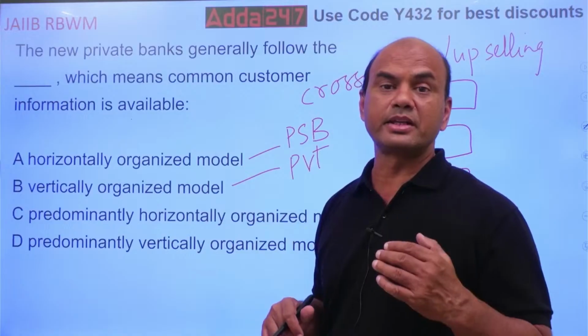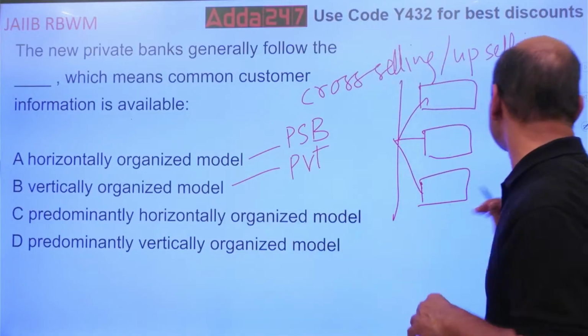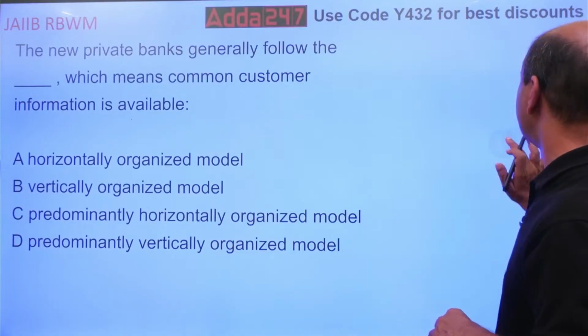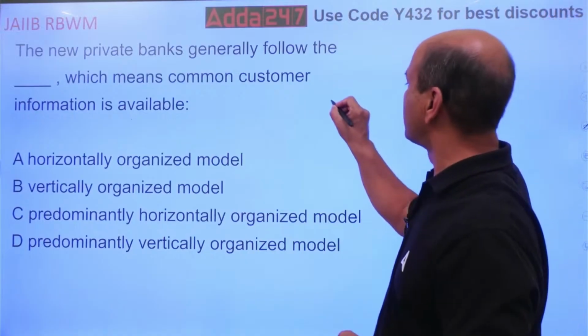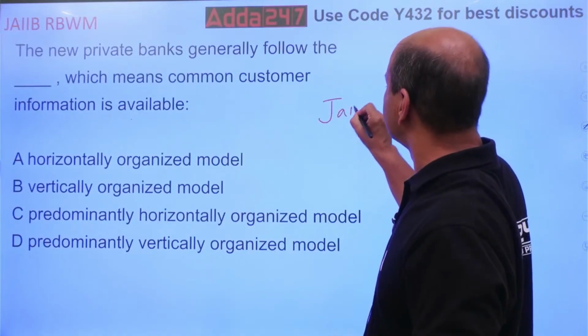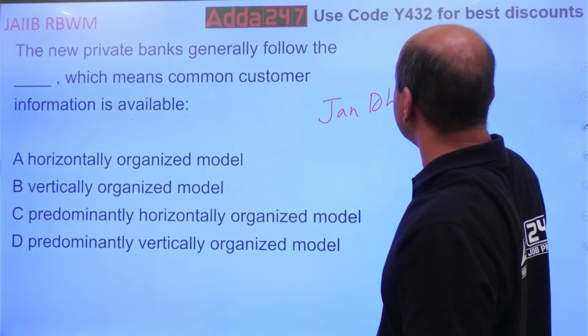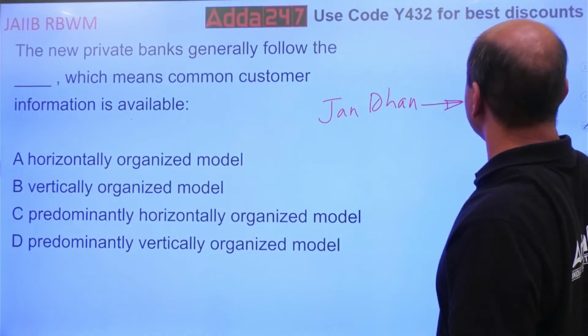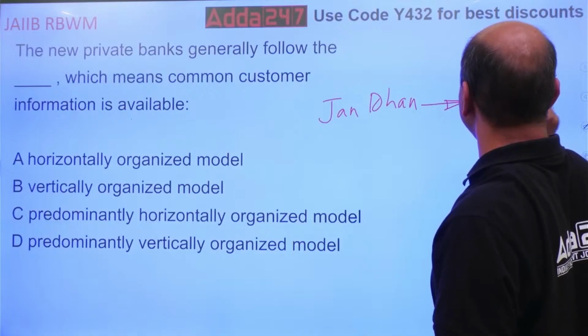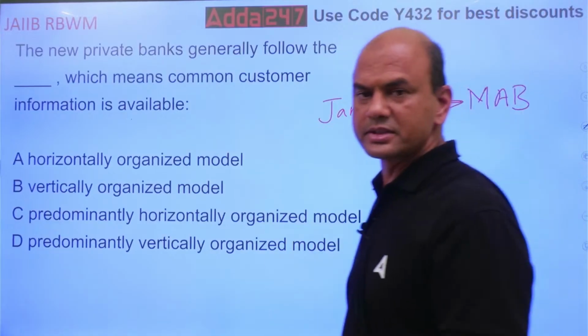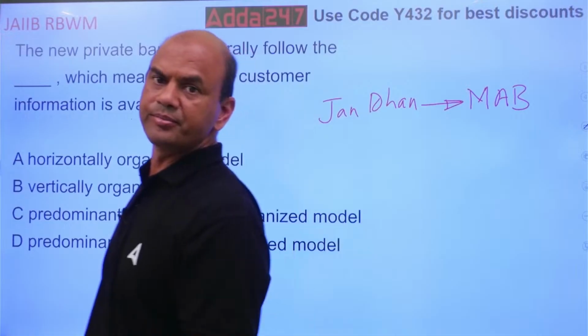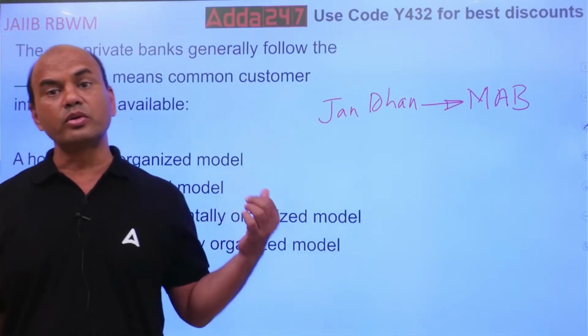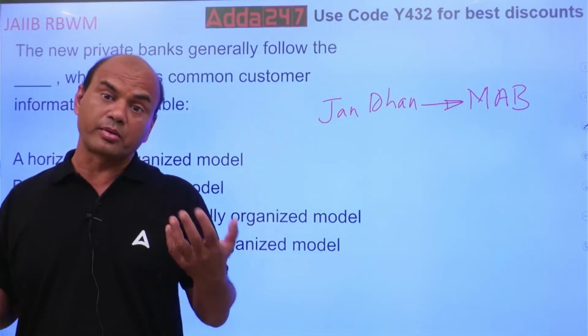If some customer is having a Jan Dhan account, then what will I do in upselling? I'll convert this customer to MAB account. MAB means minimum average balance. In general, that customer doesn't have to maintain any MAB. So I'll convert that customer to MAB account so that it is profitable for me.